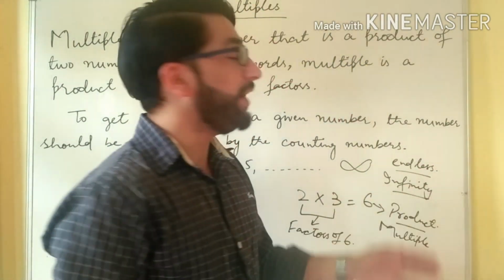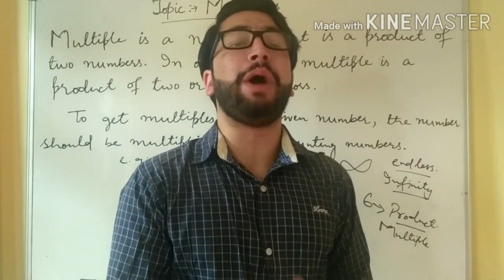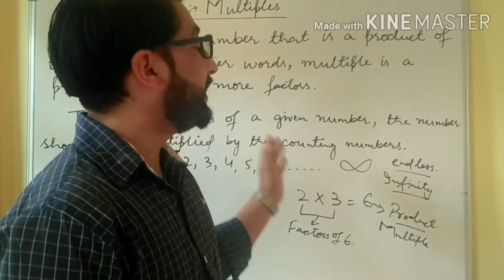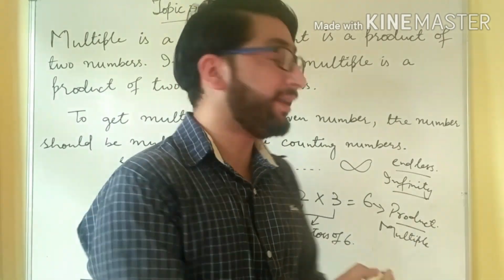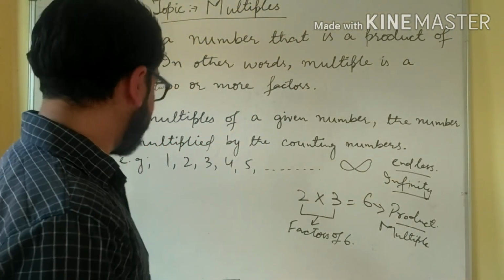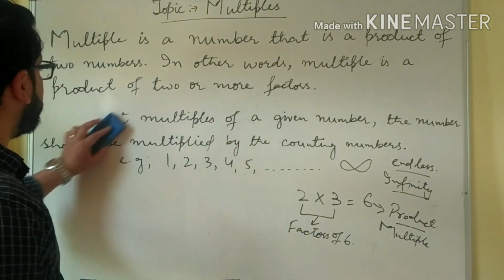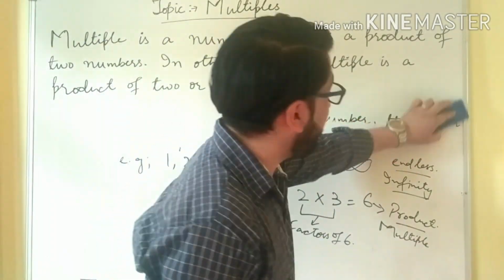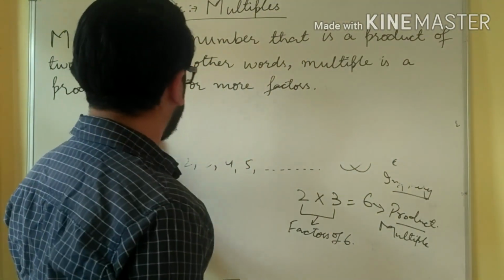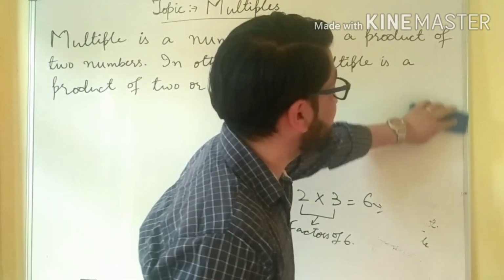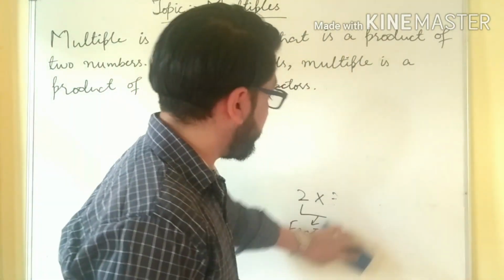That means infinity is a word that has no end. So counting numbers have no end. Another name for counting numbers is natural numbers. So numbers that start from 1 and continue up to infinity are said to be counting numbers or natural numbers.